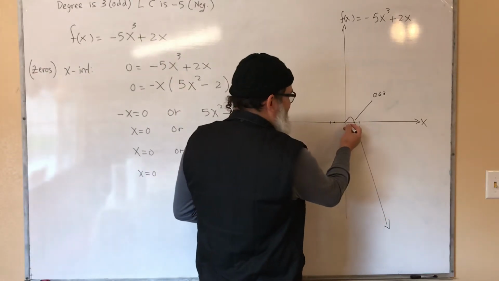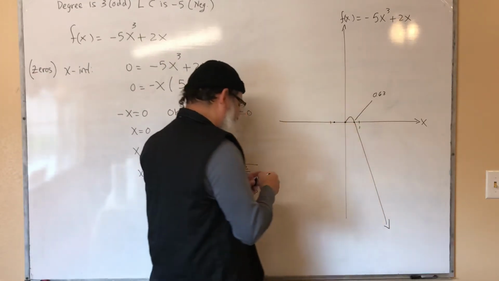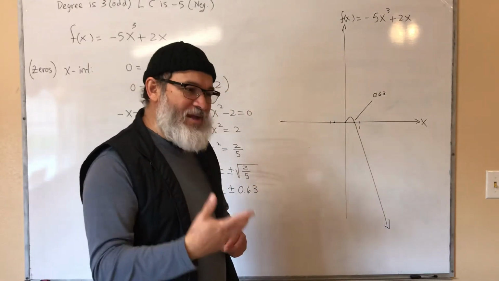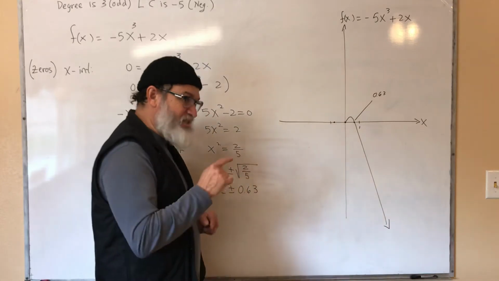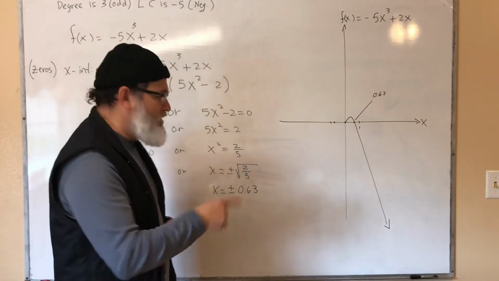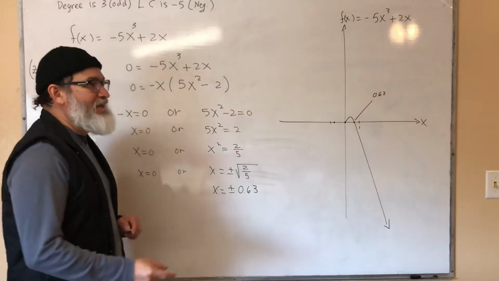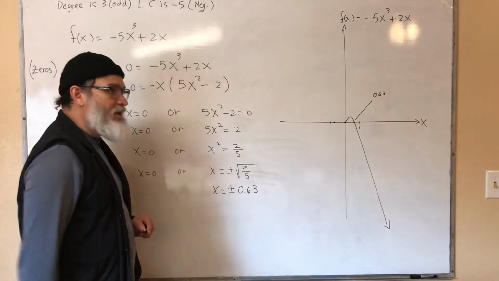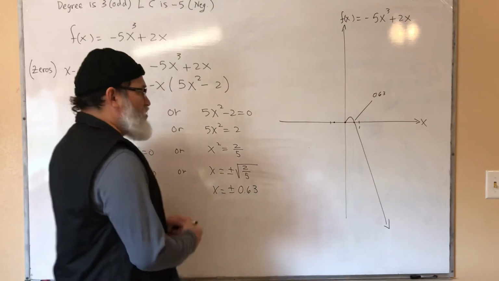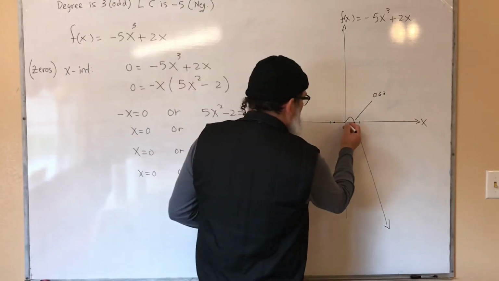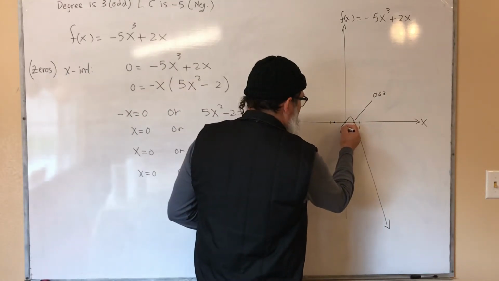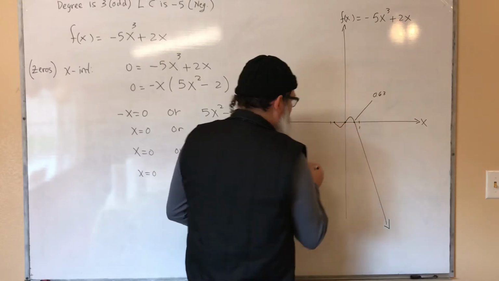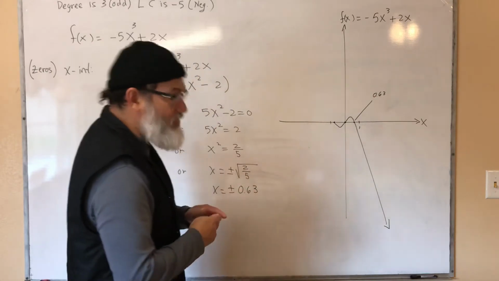It's going to cross at x equals 0, and we'll talk about this more later. I will show you why I know it's going to cross and not touch. It has to do with the power of the factors. It's got to come back up and then cross again at negative 0.63.